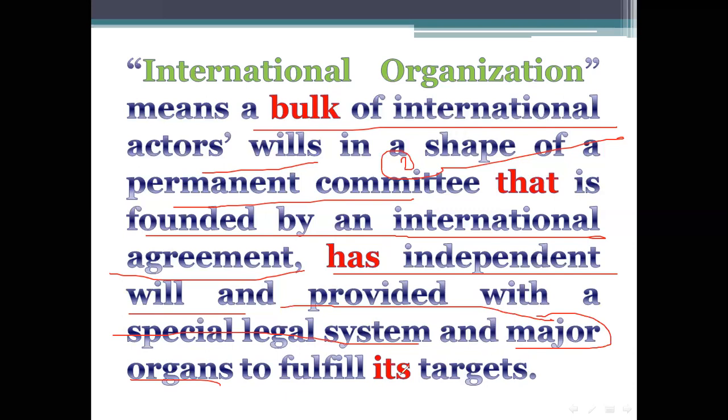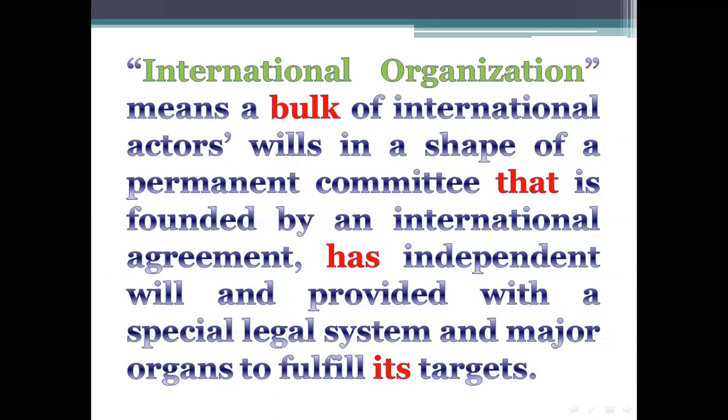The major organs are found in order to help the organization, as a permanent institute, to fulfill the targets and aims that are drawn within the statutes constituting the international organization. Okay, so this is regarding the definition of the international organization.